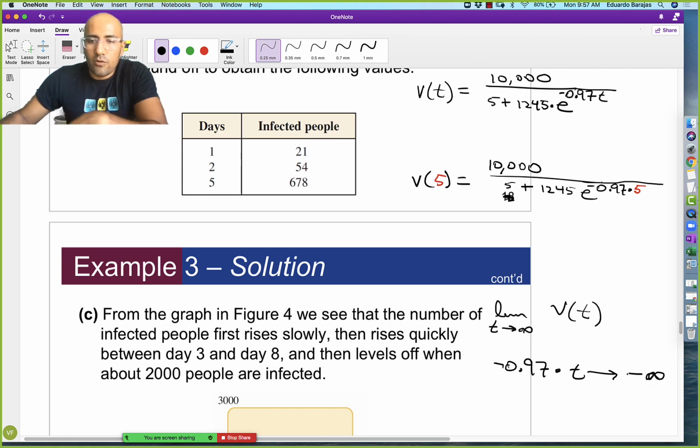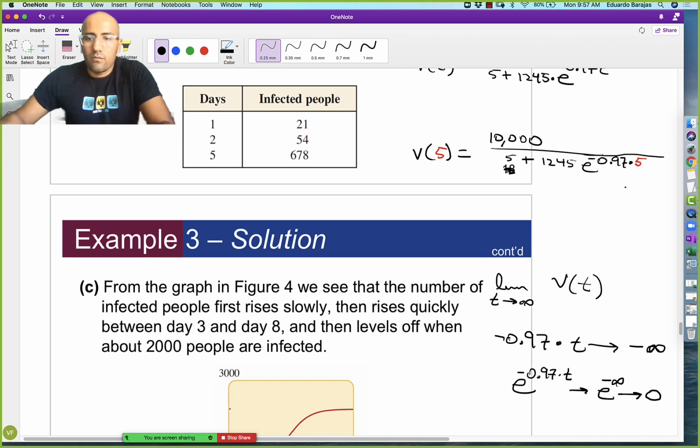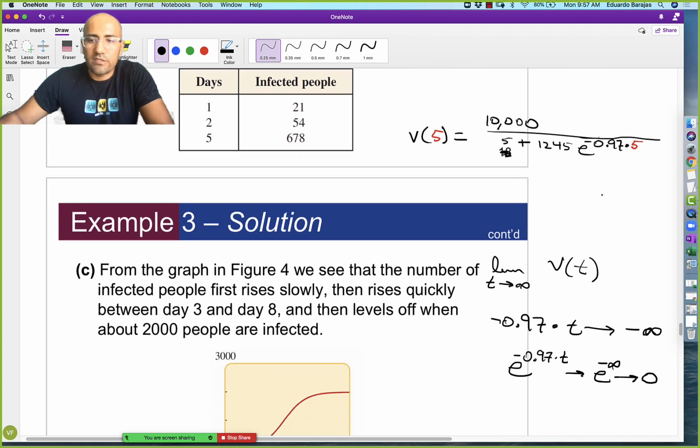And as this grows toward negative infinity, then e to the negative 0.97 times t is going to grow toward e to the power of negative infinity, which grows towards 0. So as I plug in bigger and bigger numbers for t, e to the negative infinity grows towards 0, and a tiny little number close to 0 times 1245 is still going to grow towards 0.